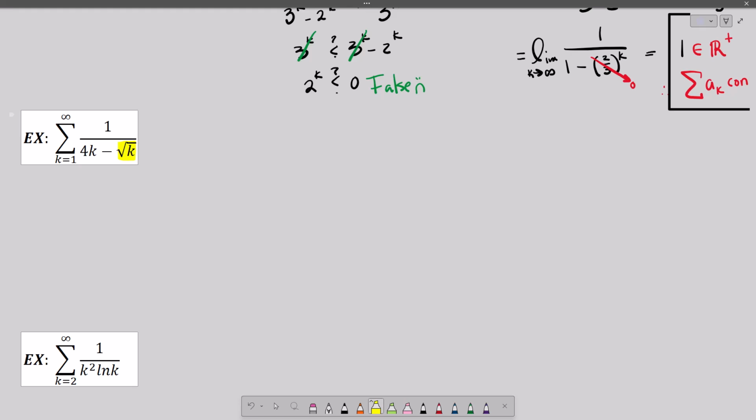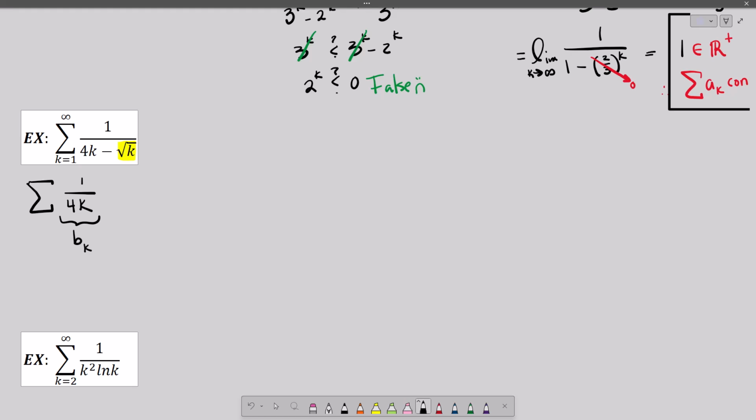Linear is going to go faster than a square root, which goes to infinity slower. So our thinking, when we come up with our b sub k series, is that we are going to ditch the square root, and we're going to be left with this. So that's our b sub k.